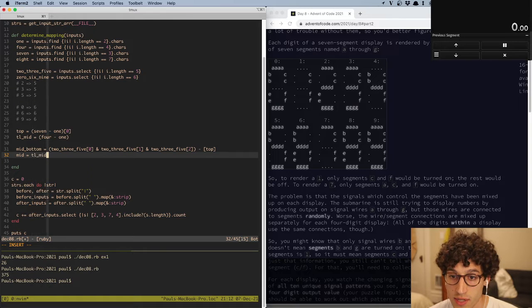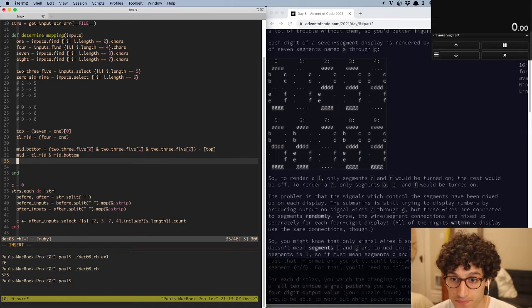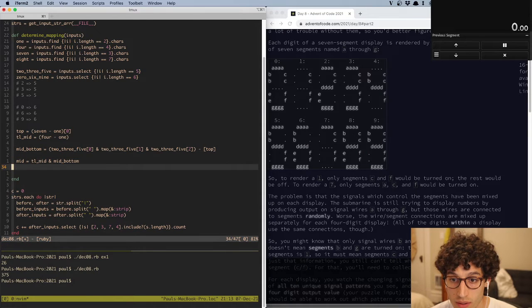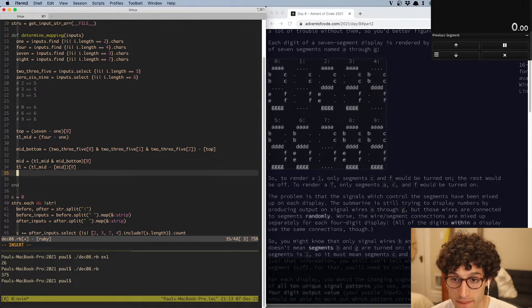Mid equals TL mid intersection mid bottom. TL equals TL mid minus mid. Bottom equals mid bottom minus mid.